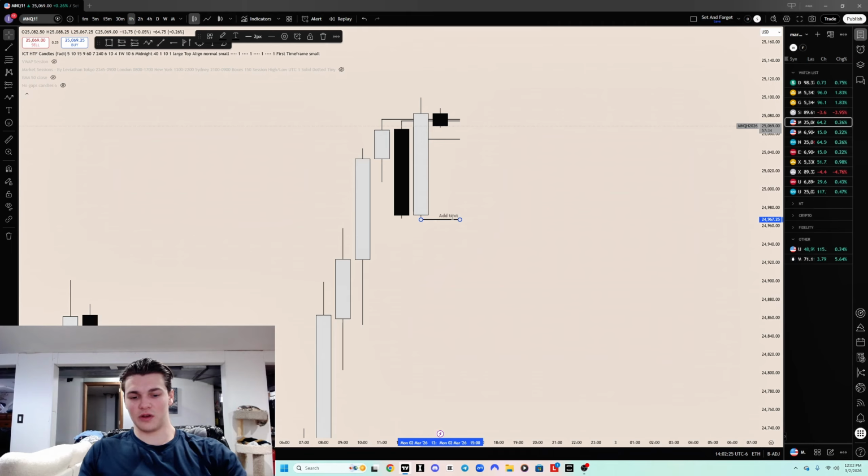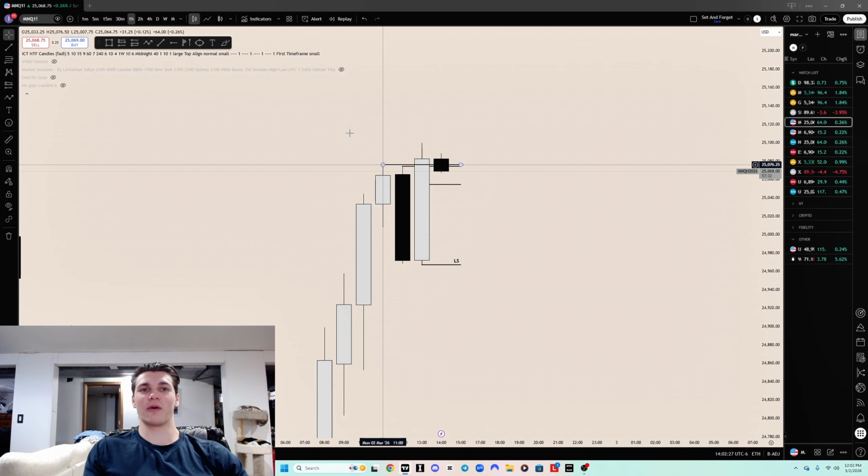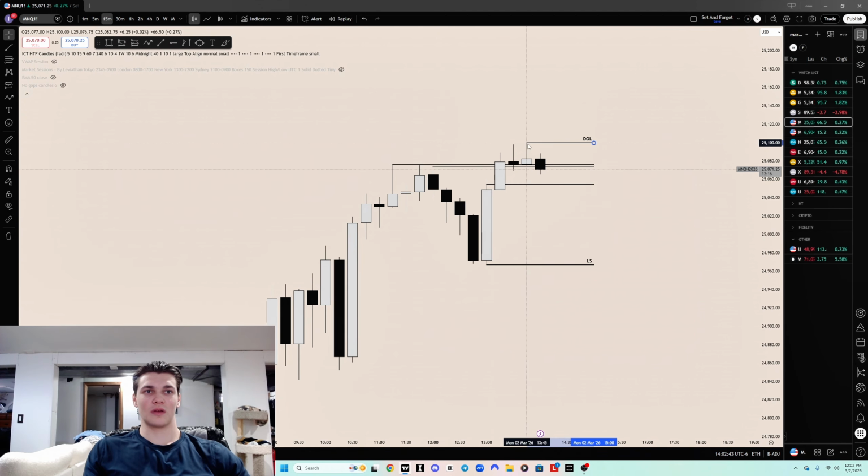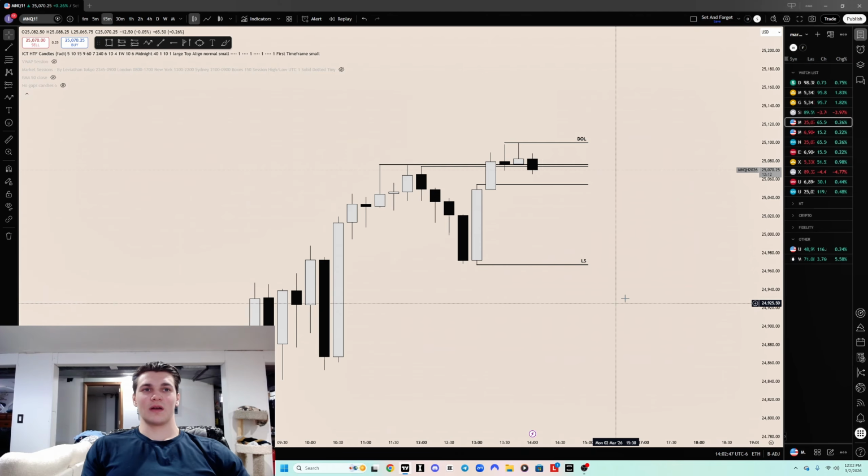So boom, you have your liquidity sweep level on the 1 hour. You don't have any on the 15-minute. You have your draw on liquidity here on the 1 hour. Perfect, line them up.